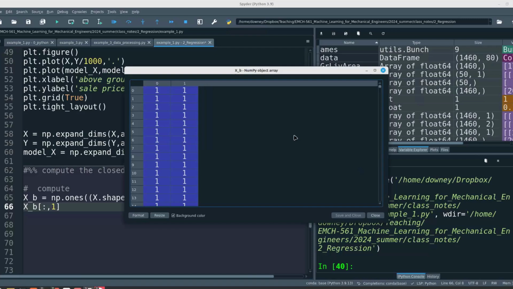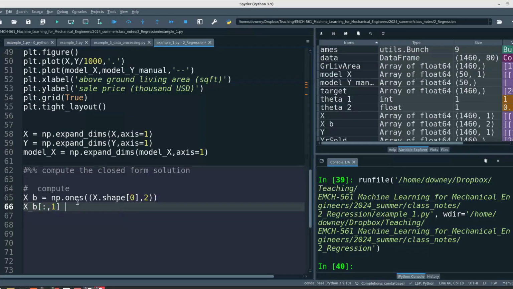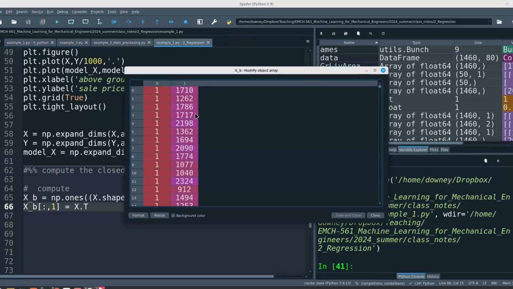But I want to get all of my home value prices into X. So X of B for all of my columns for row 1, I'm going to reset those as X dot capital T, and that's a transpose. And now what I have is an X parameter for 1 and an X parameter for my price.